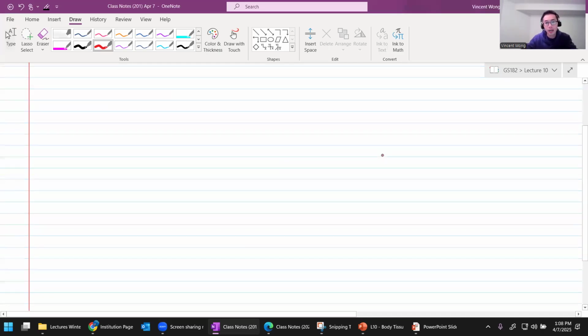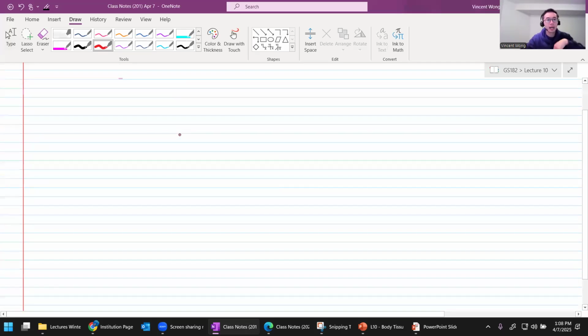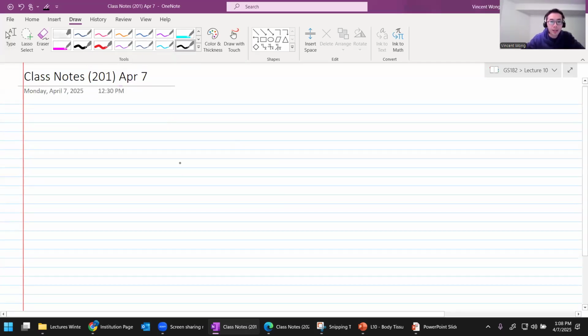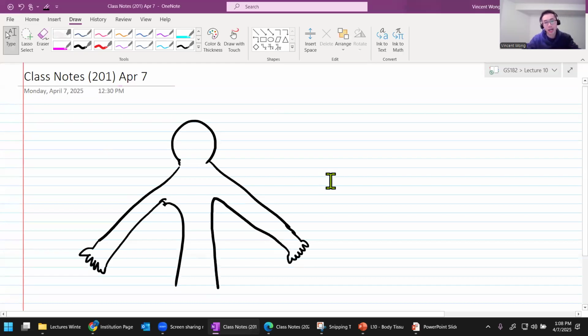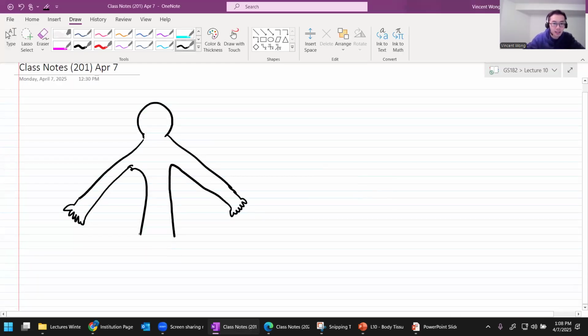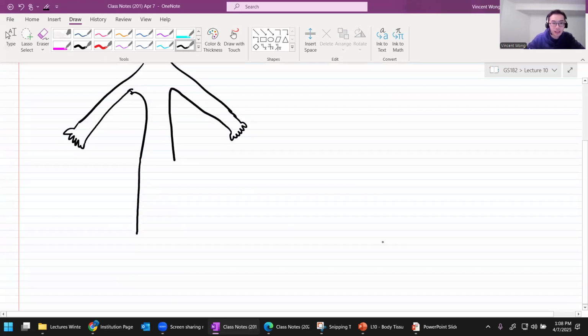So I want you to draw this out, a big diagram, so that we can label it. It doesn't have to be nice. There is the person with the fingers and whatnot, and then you can draw the other hand. Again, it doesn't have to be super nice. It just has to look like a person.